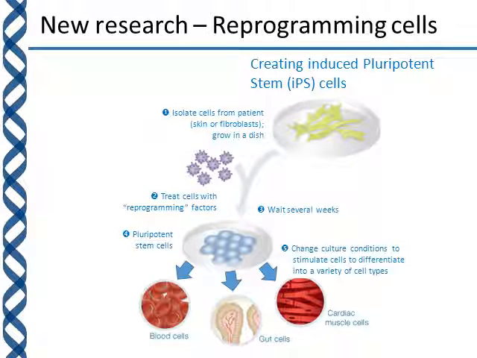You then wait several weeks under these culturing conditions. At that point, you now have differentiated into pluripotent stem cells. You can change the culture conditions in order to stimulate these cells to differentiate into a variety of cell types, from blood cells, to cells from the gut, and cardiac muscle cells.